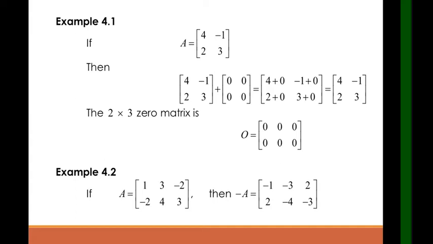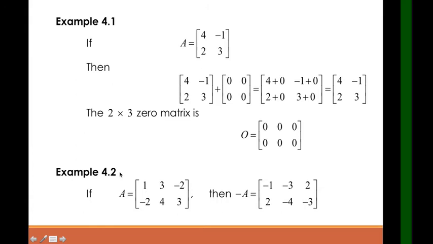The 2 by 2 zero matrix is 0, 0, 0, 0. So in this portion, using the identity property, when you add a matrix and a matrix whose values are all 0, you get the same numbers as the original matrix.